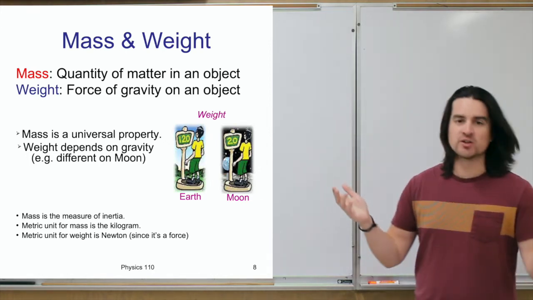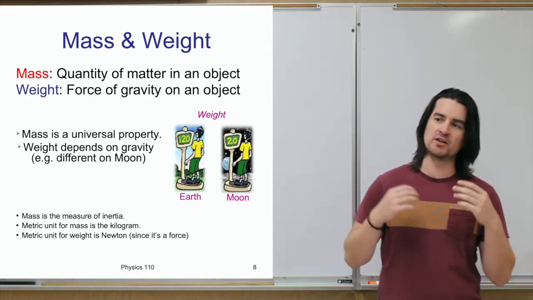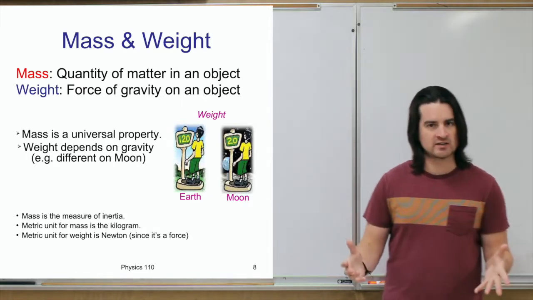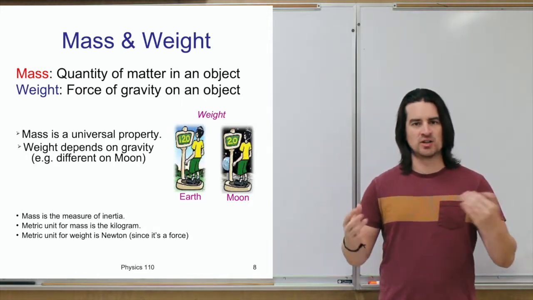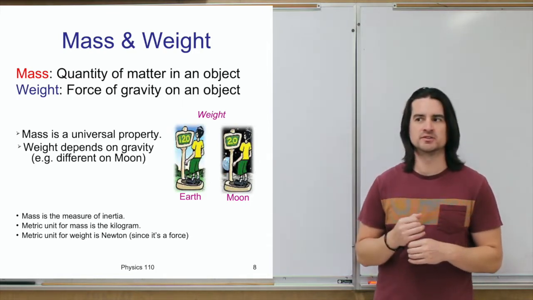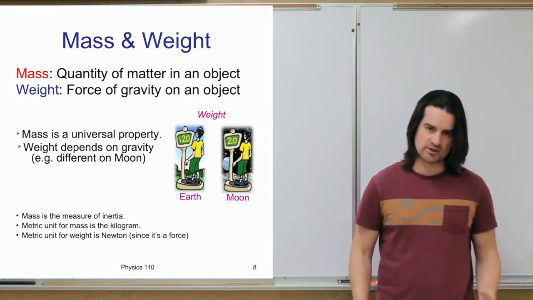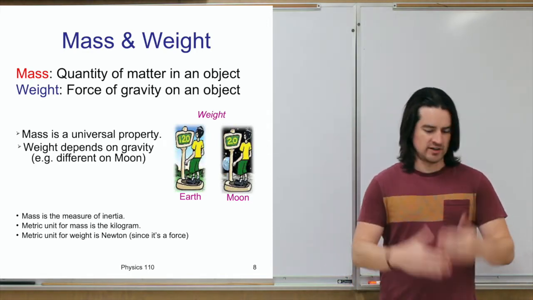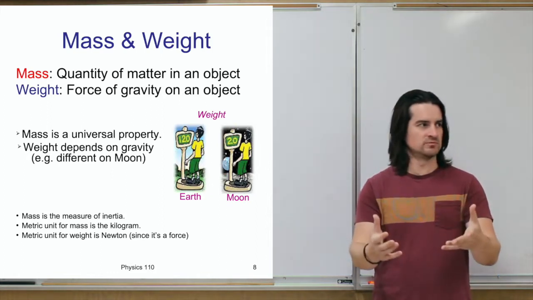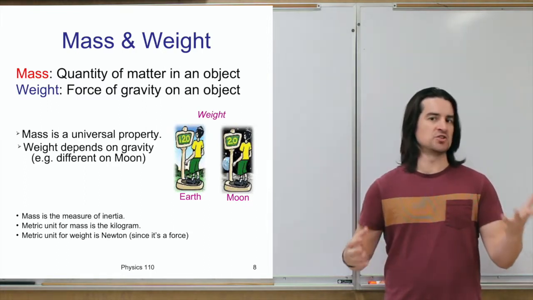However, my weight will vary depending on where I am, depending on how large the gravitational field I'm in. Our weight is actually a measure of the force of gravity pulling us down. So I have a certain amount of mass, and here at the surface of the Earth, gravity is pulling me down with a certain amount of force, and that results in, as I showed you maybe last time, an acceleration of 10 meters per second squared.